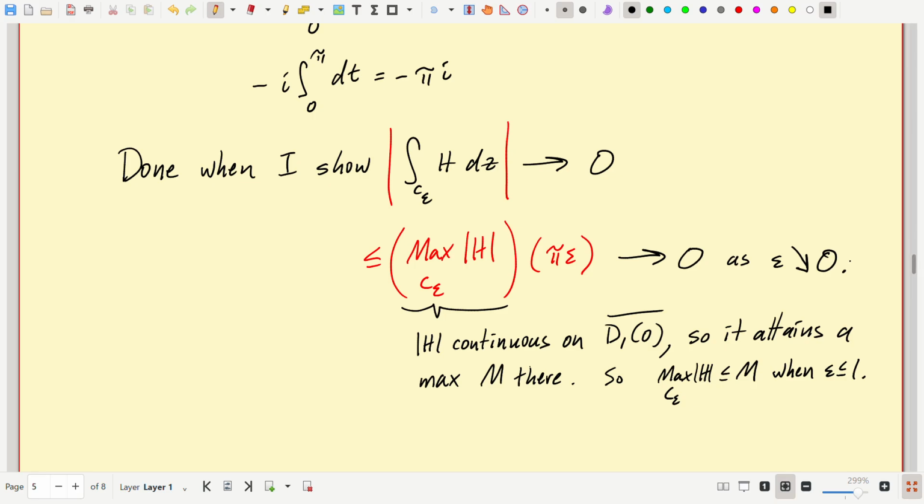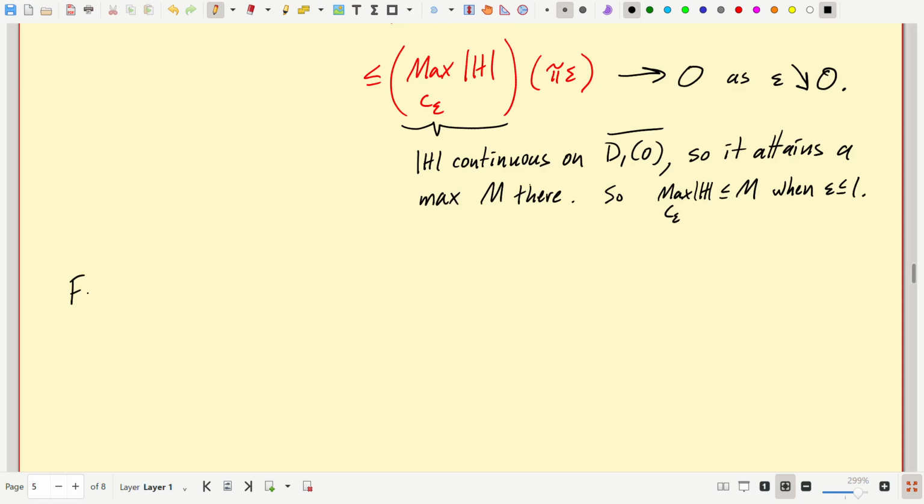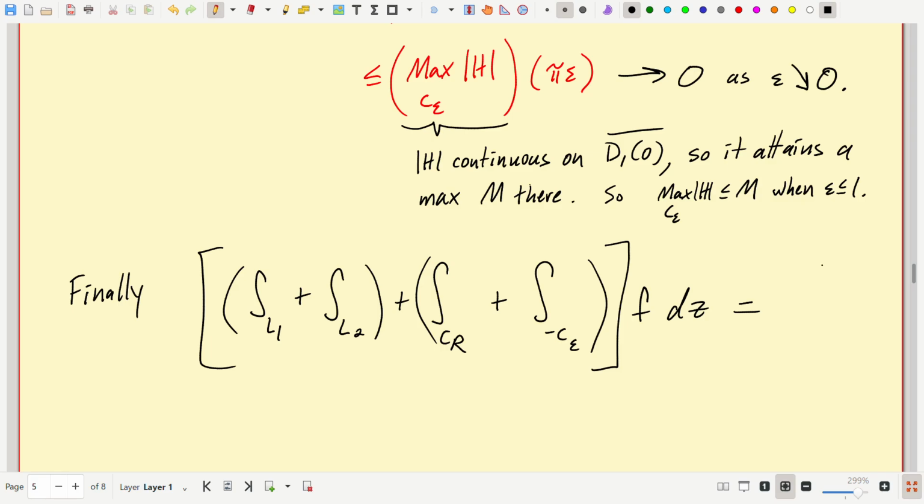Okay, so now I can put it all together. Finally, I've got the integral along the left plus the integral along the right plus the integral around c sub r plus the integral around c sub minus epsilon of f dz, and not residue here, but just a big fat 0 by Cauchy's theorem.